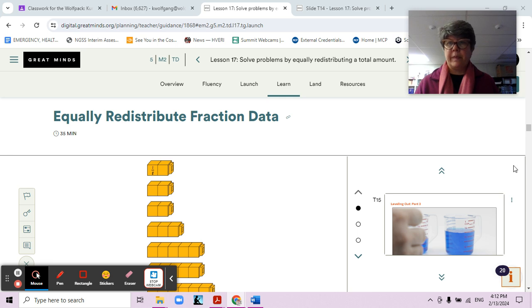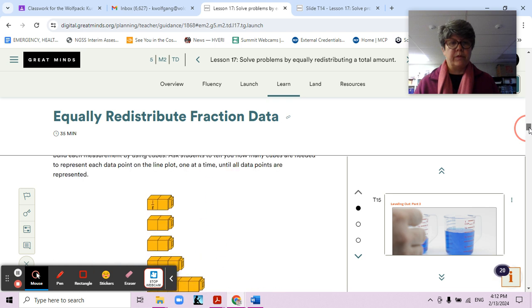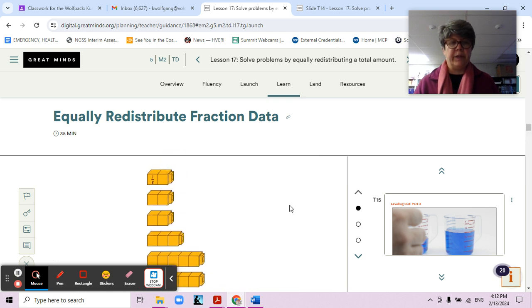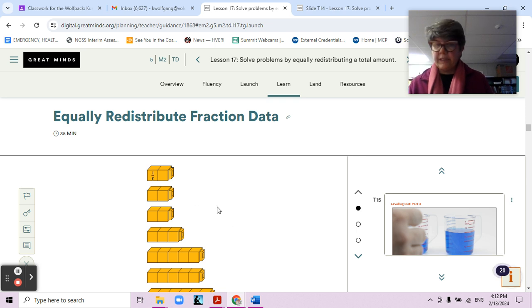Sorry, it's just trying to get it a little bit higher for you there. I can move that. There we go. All right, so each block is 1/8, and these are exactly the same as the liquids. They should be exactly the same as your line plot as well.